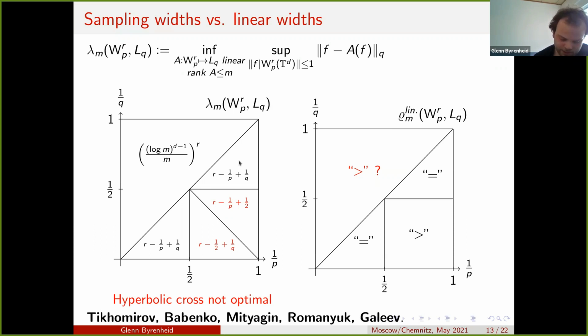coincide. Okay, I should explain before: on this axis here we have the integrability of the space where we measure our error, in the reciprocal version of it. Here we have the integrability of our model space, where the functions we want to approximate come from.